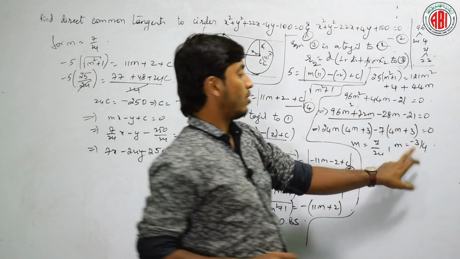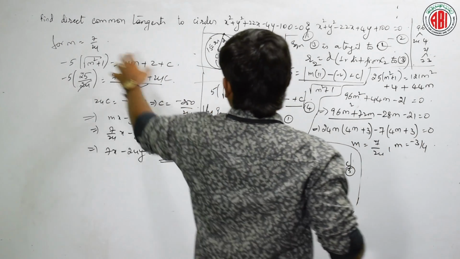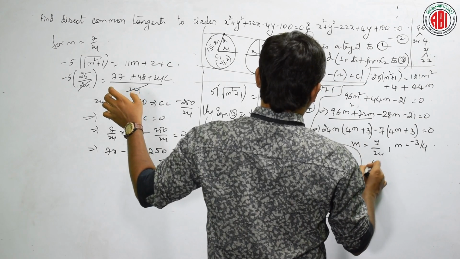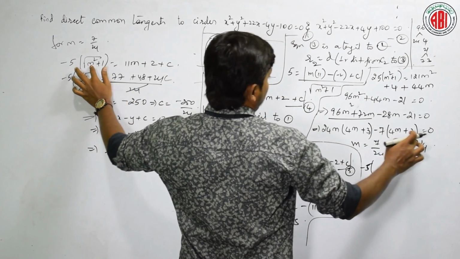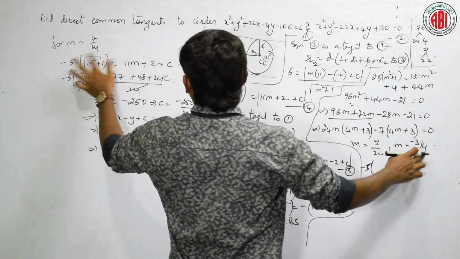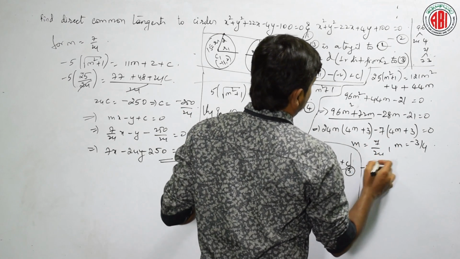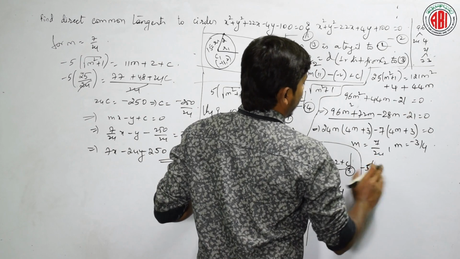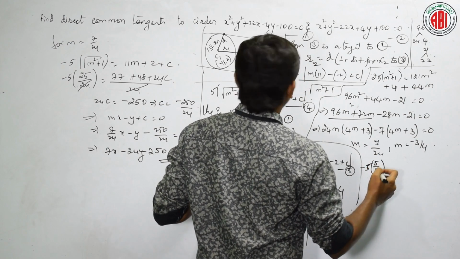What about this slope, that is minus 3 by 4? Let us substitute the same thing here. I will get minus 5 into m square, that is 9 by 16, that is 9 plus 16 by 16, that is 25 by 16, which is 5 by 4. Okay.